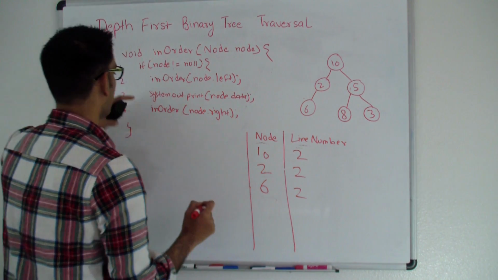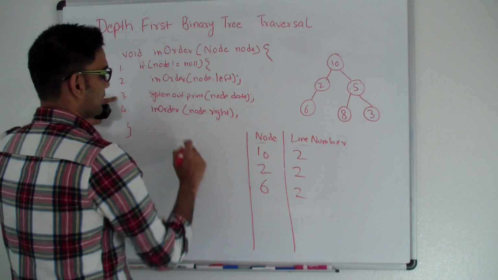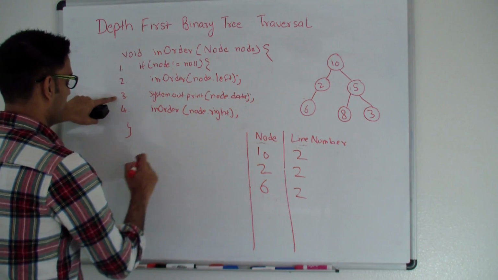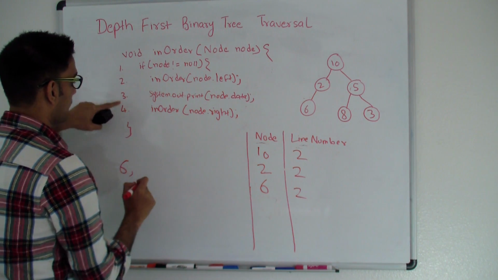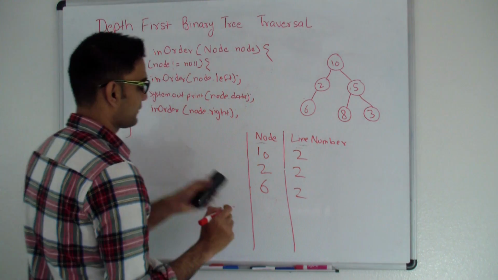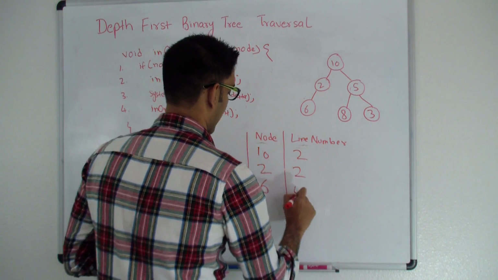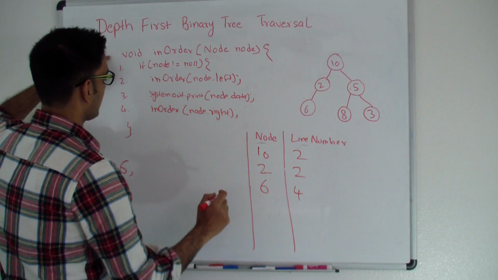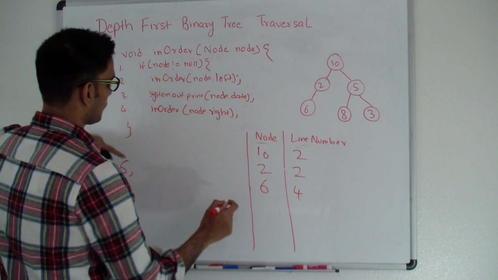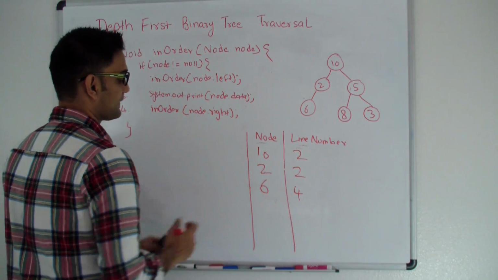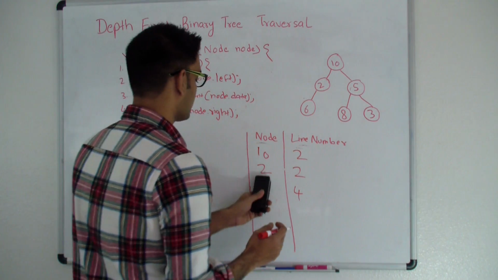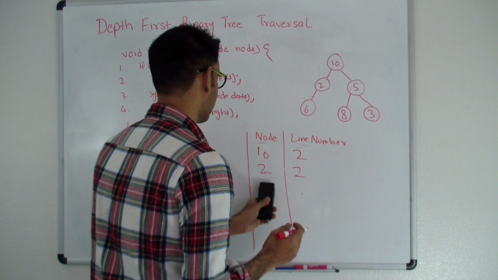So now I execute line number 3 for 6, and I print out 6. And then I go into the recursion again at line number 4. So again, that's null, so it comes back. So we are back to 6, and 6 is done, so it goes back to 2.